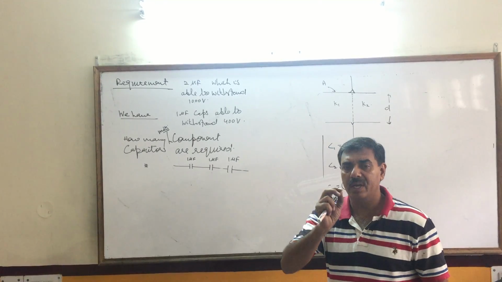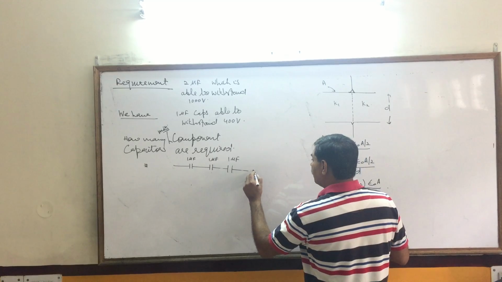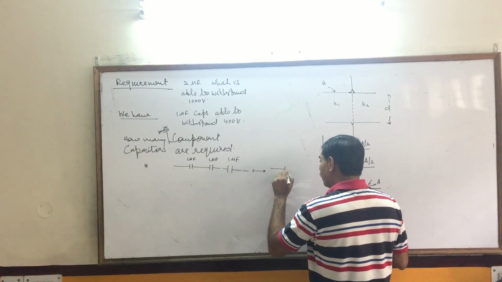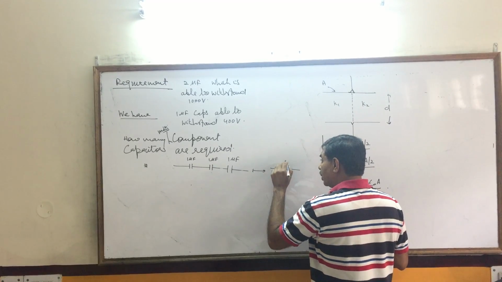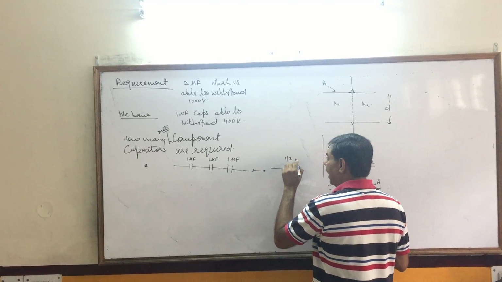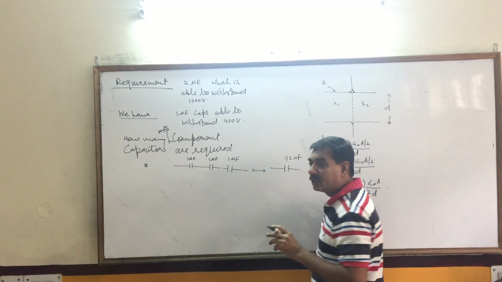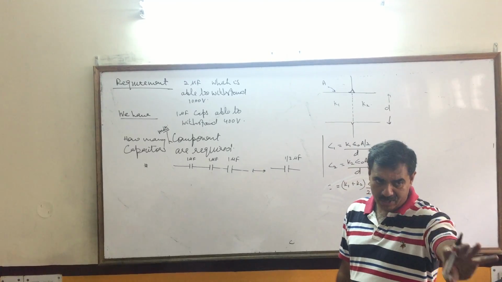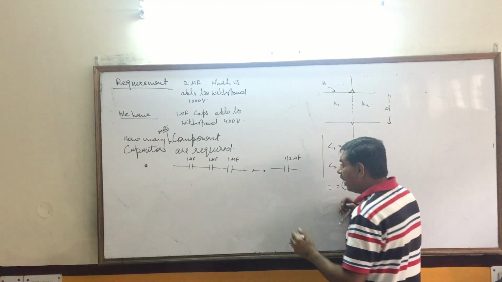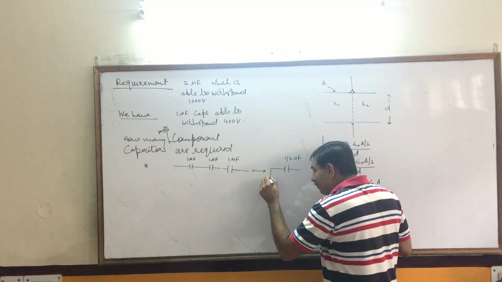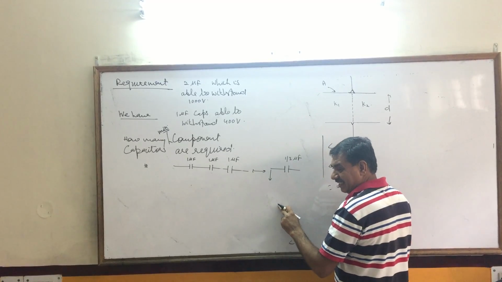So we will have to arrange them this way. This gives me an equivalent of 1/3 microfarads, which is able to withstand 400 volts. I can arrange as many in parallel of this kind.